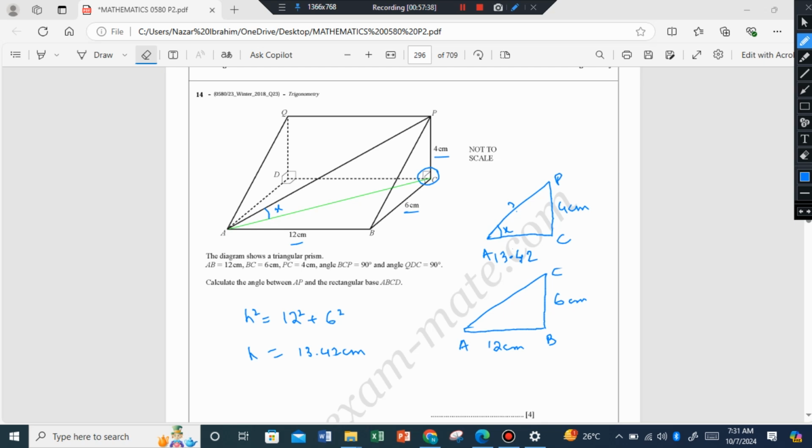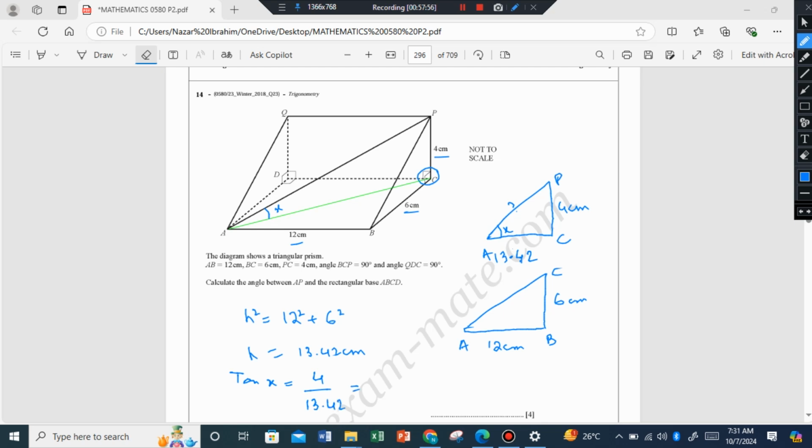Okay, again the same example came, right? Triangle, opposite, adjacent, known. We will be applying tangent, right? So tangent x is equal to opposite, which is 4, over adjacent, which is 13.42.